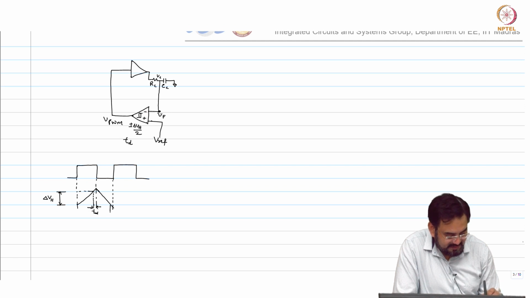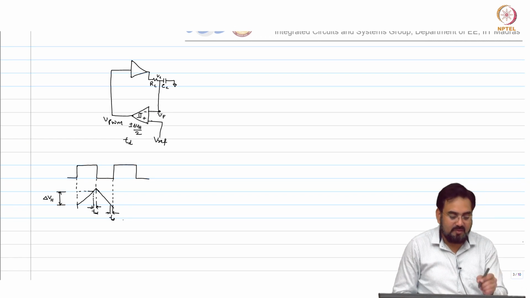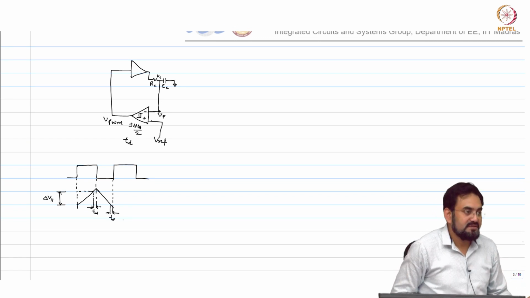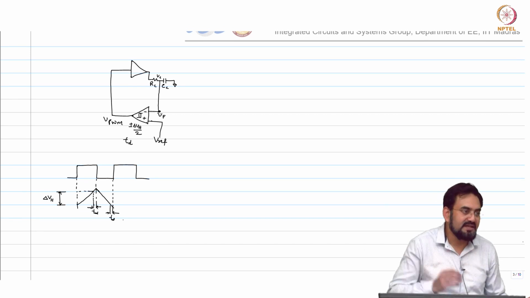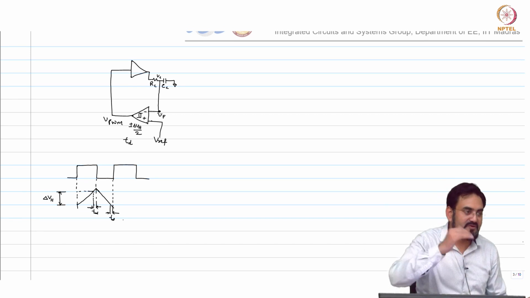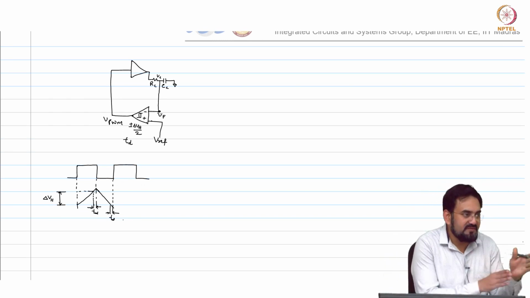This is TD, here also you have TD. What does it mean? When your comparator trips, that VPWM will look slightly delayed. So, let us say the comparator goes from high to low. The state will not change instantaneously, but after the TD delay.